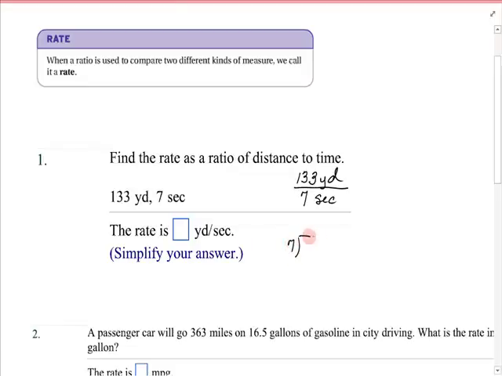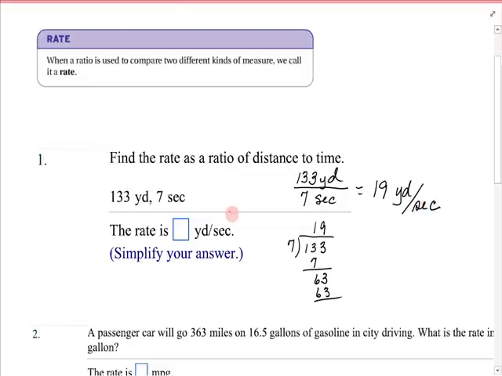So if I divide 7 into 133, this is only going to go one time. 7, 63, that's 9. It did go evenly. So I get 19 yards per second.